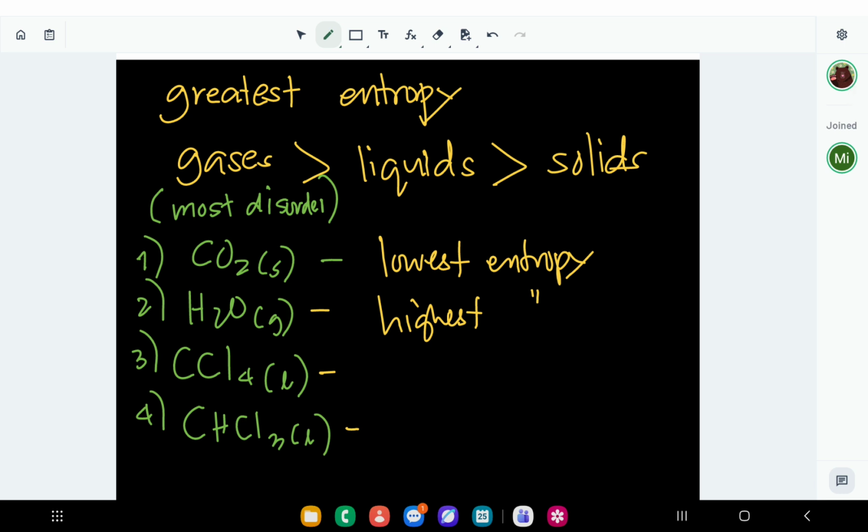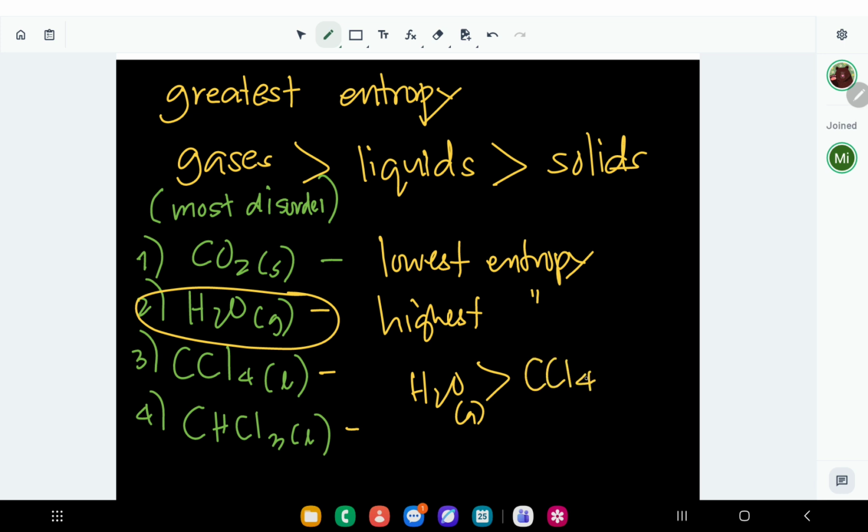We're only asked which would have the greatest entropy, so the answer should be water vapor, gas. So that would be H2O gas greater than CCl4. Take a look at the table for the values because we have two liquids here. I don't know which one is higher, CCl4 or CHCl3, so you can just interchange them later.